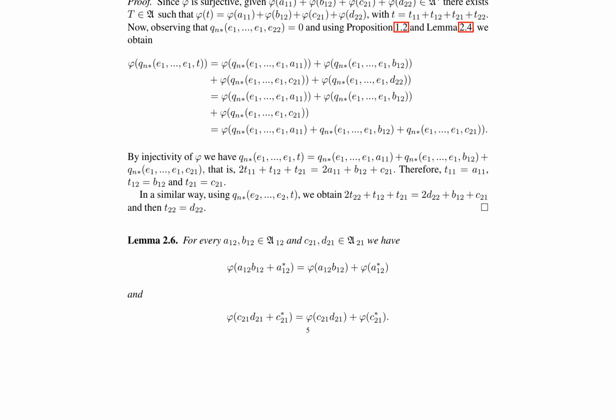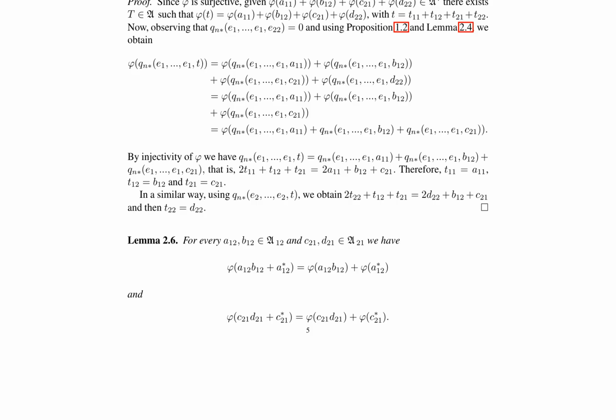Similarly, using Qn * operator (E2, T), we obtained 2t22 plus t12 plus t21 equals 2d22 plus b12 plus c21, which implies t22 equals d22.